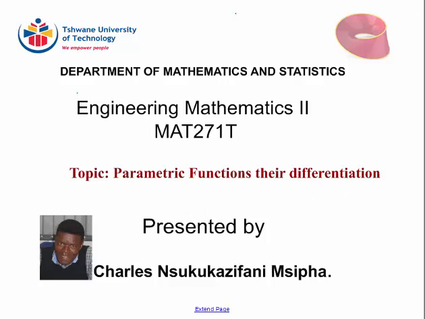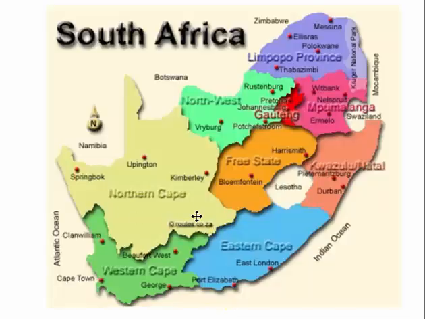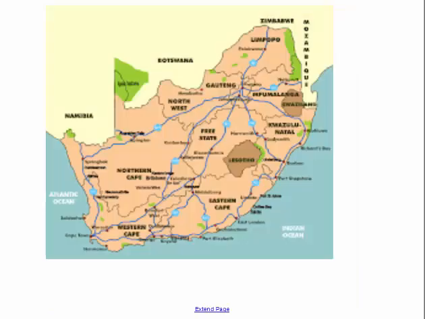Let's start this way. Here is our great continent of Africa, and as we all know, we are in South Africa. Maybe some of you might be wondering, what has this to do with parametric functions? Let's look at a map like this one, which is a road map of our country.